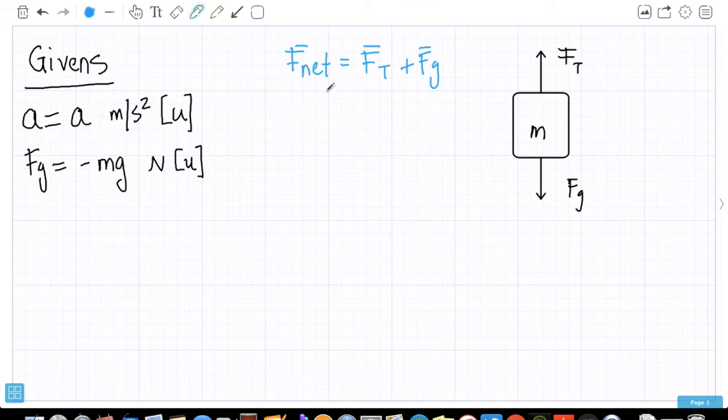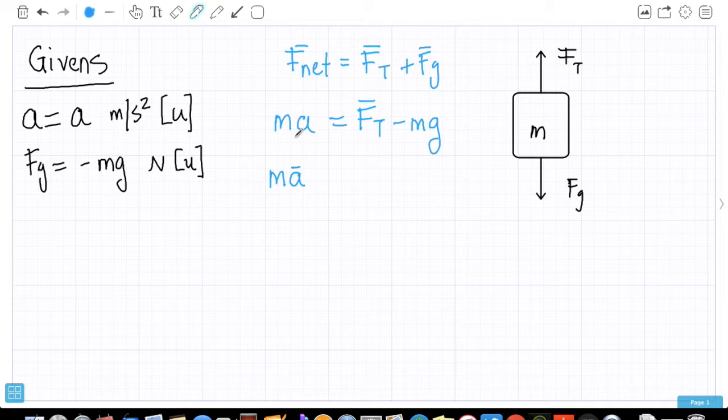Now let's make our substitutions here, and by substituting we're including direction. So first thing, we're going to expand this using Newton's second law. Fnet is equal to ma, which is equal to the force of tension, which is ultimately what we're looking for, minus mg. Now we'll solve for Ft, so I'll bring the mg over to the left.